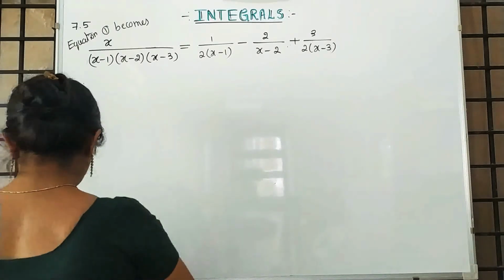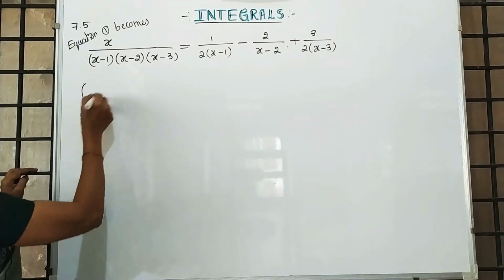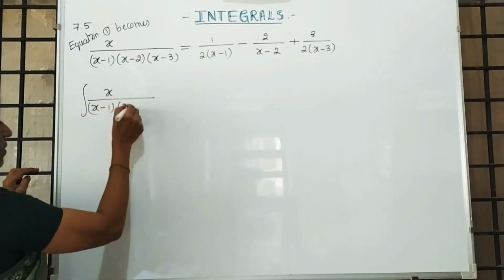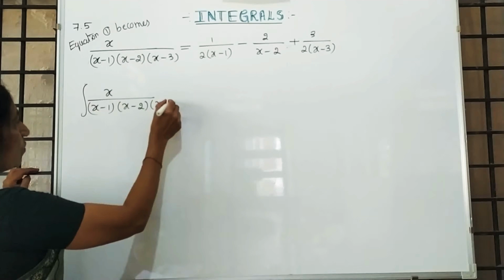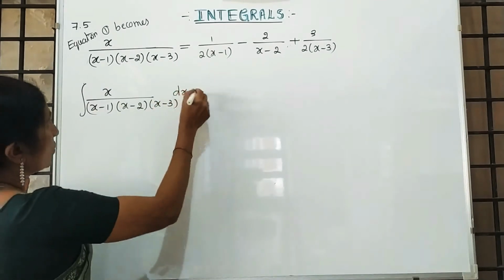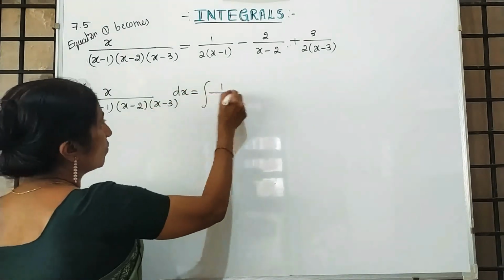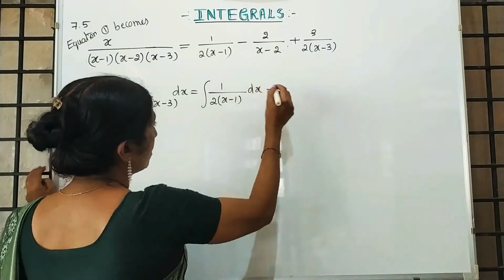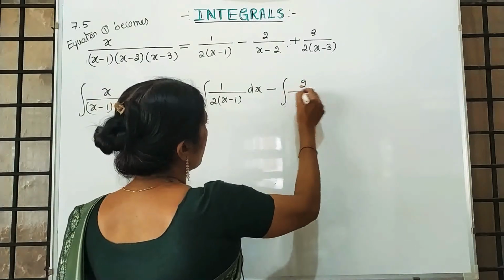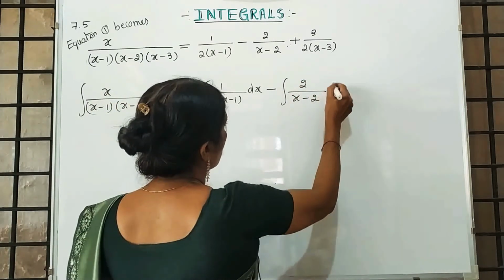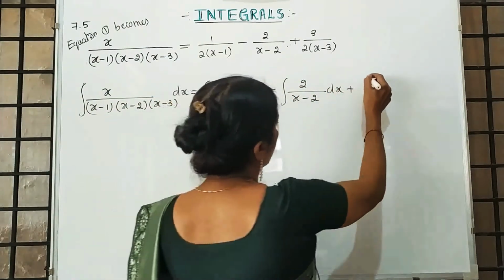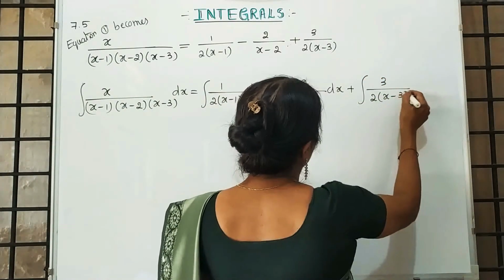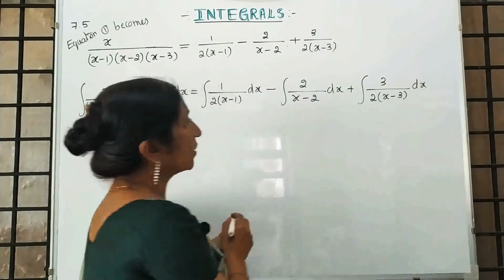Now integrate. Integral of x upon (x minus 1)(x minus 2)(x minus 3) dx is equal to integral of 1 upon 2(x minus 1) dx minus integral of 2 upon (x minus 2) dx plus integral of 3 upon 2(x minus 3) dx.